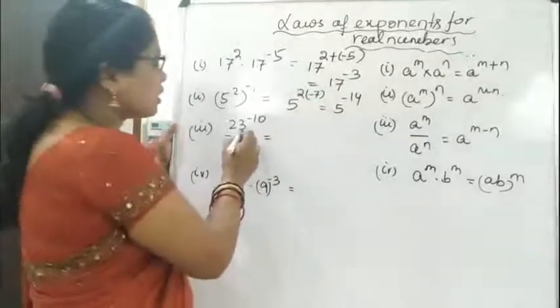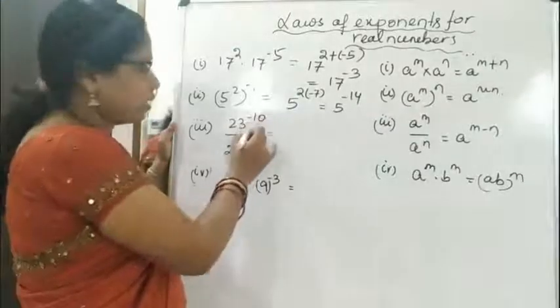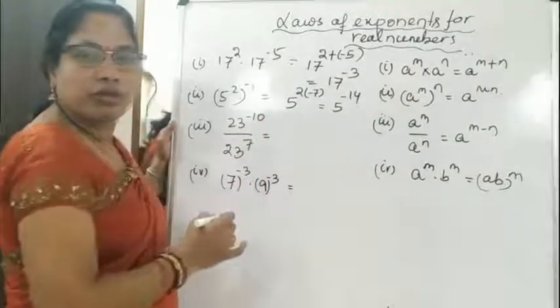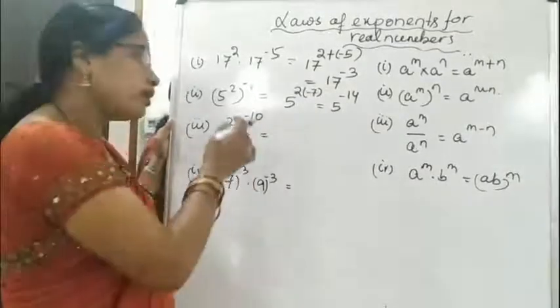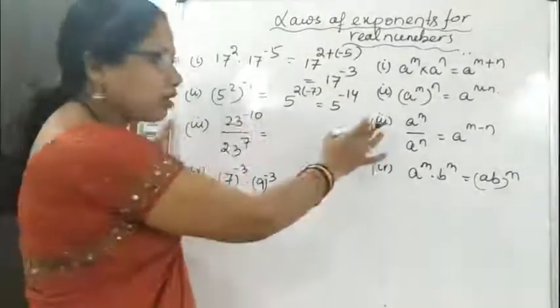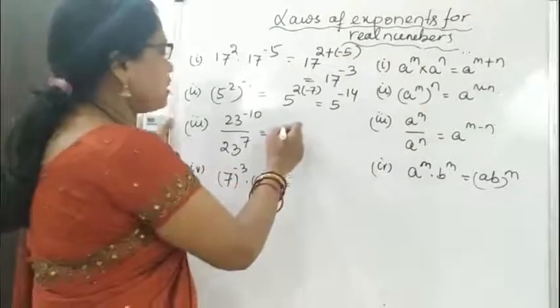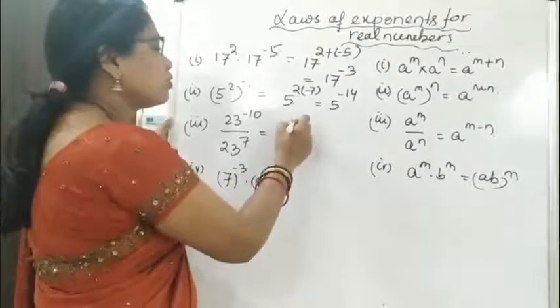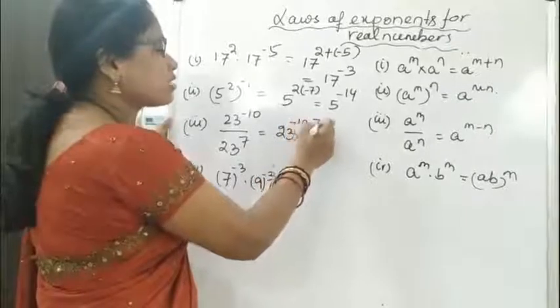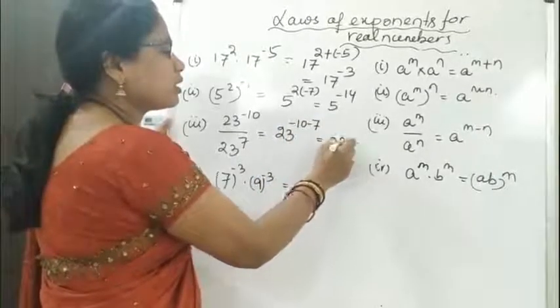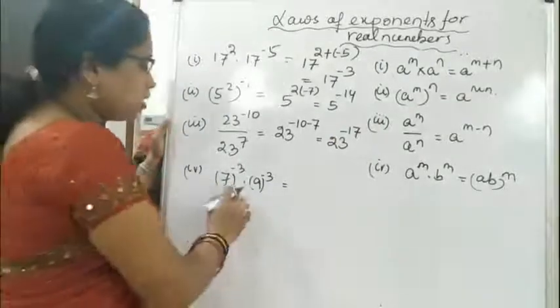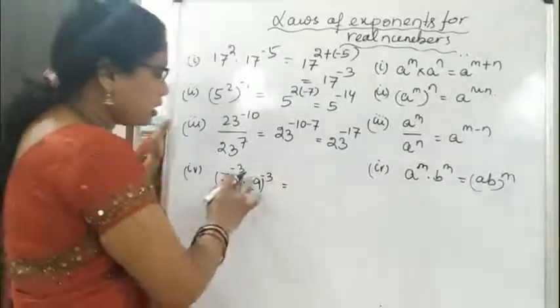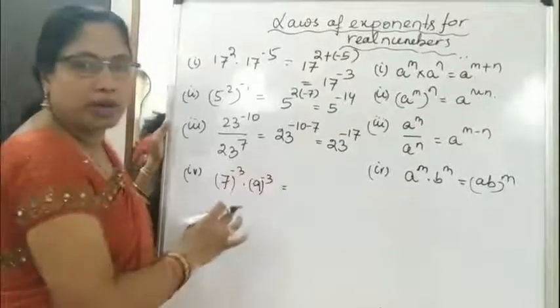Next, 23 to the power minus 10 divided by 23 to the power 7. Here the exponent is negative, and here also we can apply the laws of exponents: 23 to the power minus 10 minus 7, which is equal to 23 to the power minus 17. Then 7 to the power minus 3 multiplied with 9 to the power minus 3.